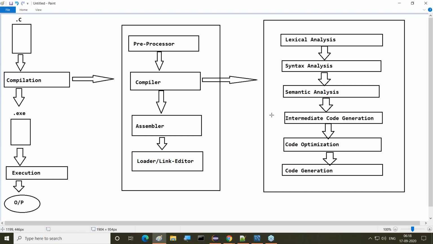Can you tell me, guys, what's the location of the preprocessor? Any idea? Is the location of the preprocessor a part of the compilation or not? Is it related to compilation or execution?